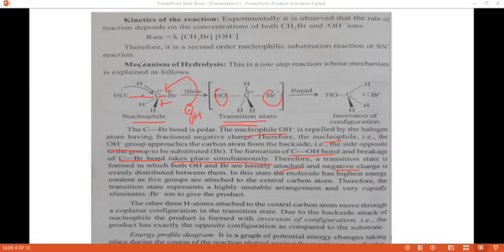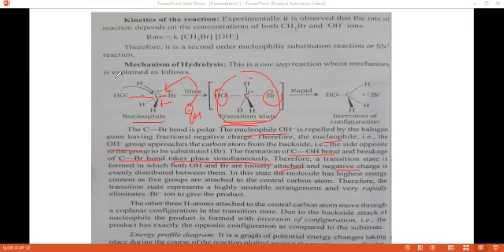In the transition state, the molecule has the highest energy content because five groups are attached to the central carbon atom.